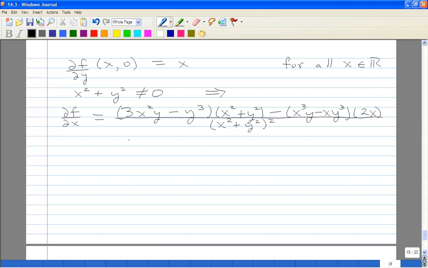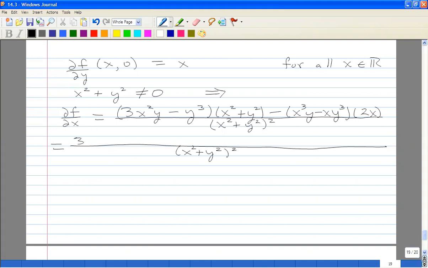Okay, so this is equal to, let's simplify this. So this is over x squared plus y squared, squared.